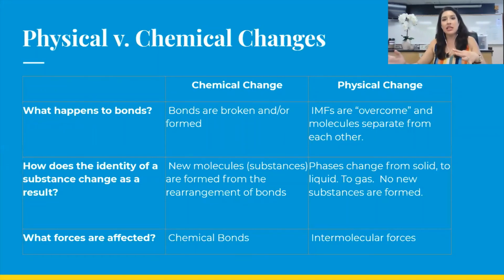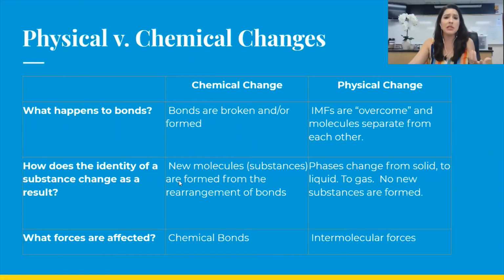So let's take a second and compare physical versus chemical changes. When you have a chemical change, that means that bonds are broken or formed. So chemical changes refer to the breaking and forming of bonds. Physical changes, however, do not involve bonds. Instead, they involve intermolecular forces, which are overcome, allowing molecules to separate from one another.